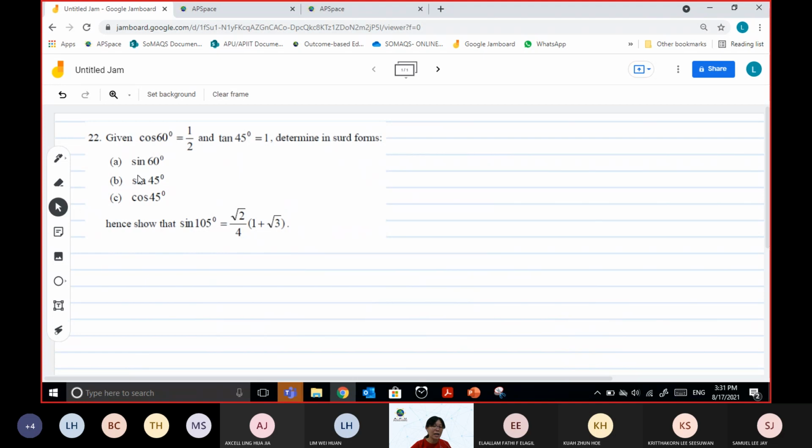So you are required to find the values for sine 60, sine 45, and cos 45. These three values are required to be found by using the information given at the beginning, right?